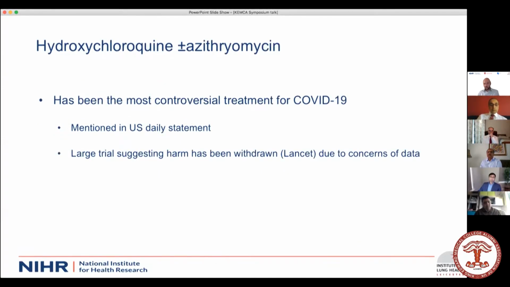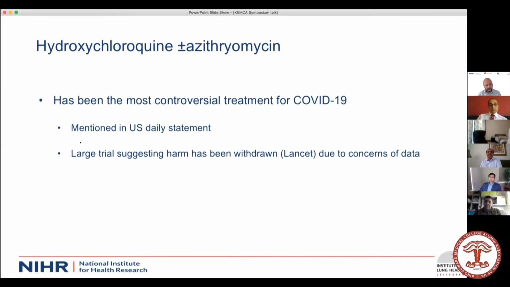I'm pleased to say Donald Trump isn't on this call, but hydroxychloroquine plus or minus azithromycin has been by far the most controversial treatment for COVID-19. This is down to people mentioning it, presidents saying that they are taking it. So there has been a lot of widespread use of this without good evidence.